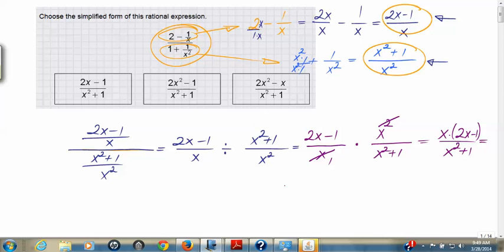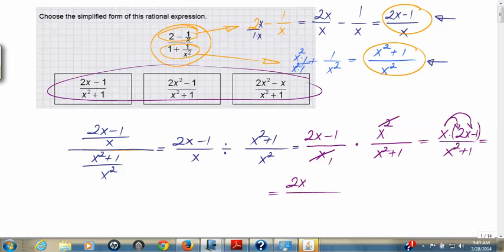You can either leave it like that, but because your answer options don't have any parentheses, you will multiply that x to everything in the parentheses. So you will have 2x squared minus x, everything over x squared plus 1. And this is the final answer, your initial fraction in its simplified form.